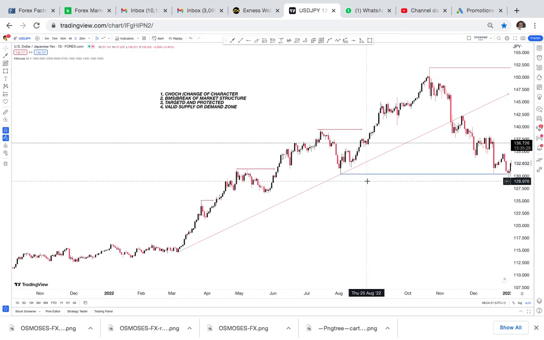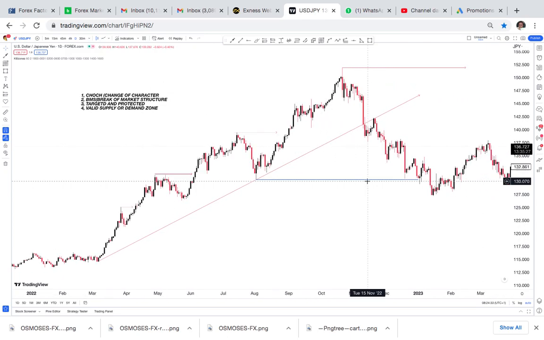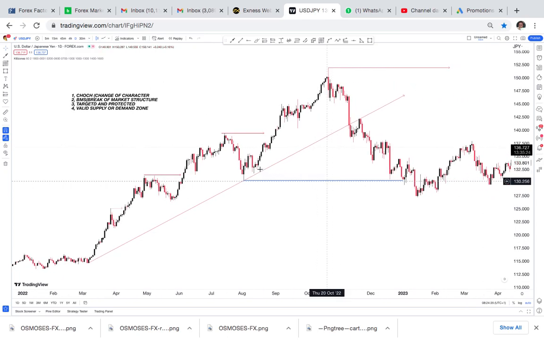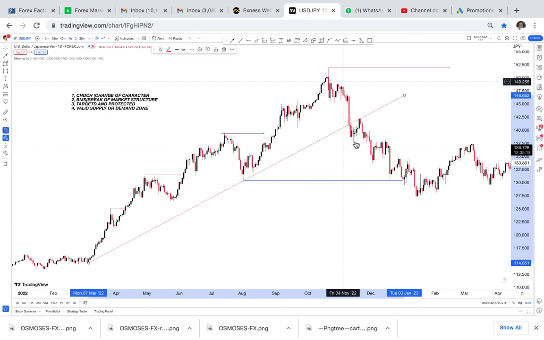Now, when we find this low being broken, it means the market has changed its shift. On a trend line basis, market has really fallen out of the trend line, which signifies the first change in trend for trend line traders. But for smart money traders, we might still be looking for bullish, because we might still see some demand here, another demand here, or a major demand that market might react to.